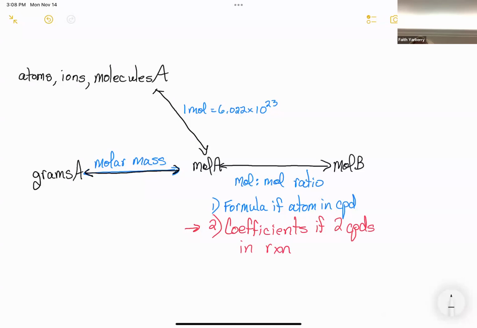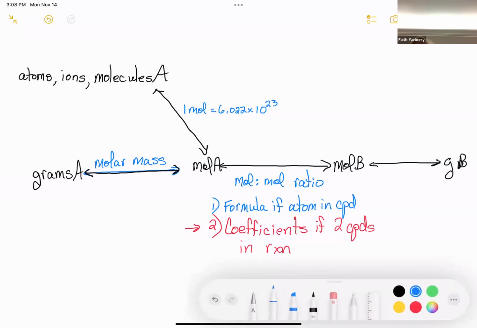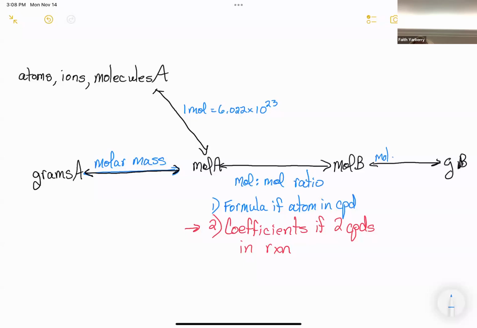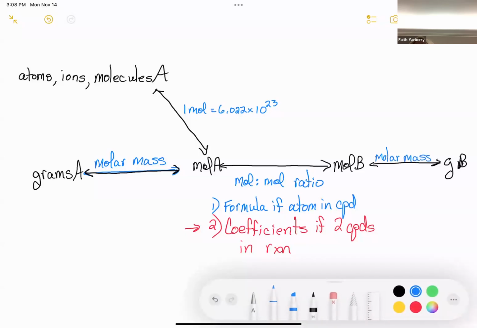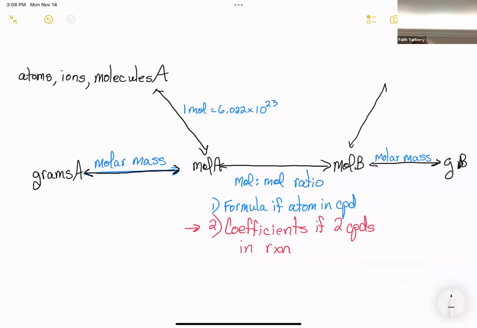Once you've converted it into moles of B, you can convert it into grams of B using the molar mass of B, or you can convert it into atoms, ions, or molecules using Avogadro's number.